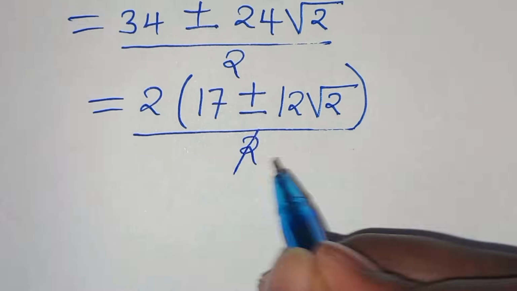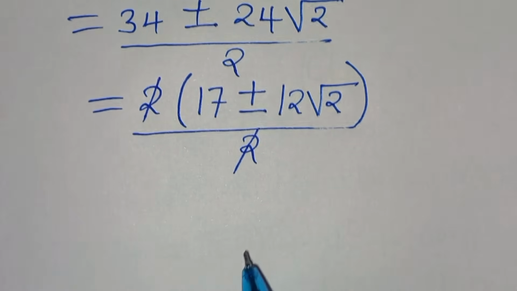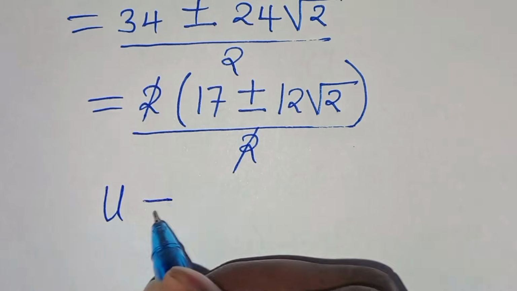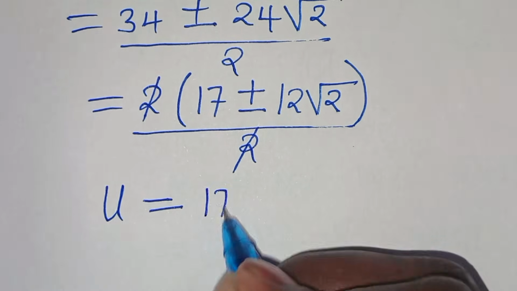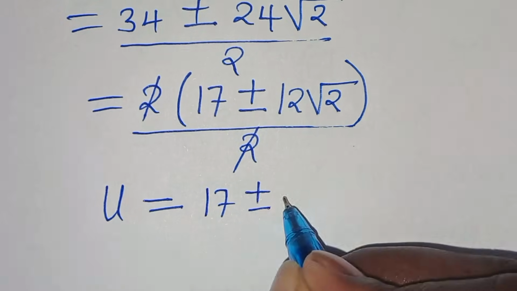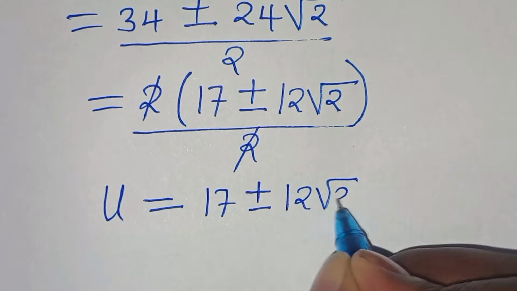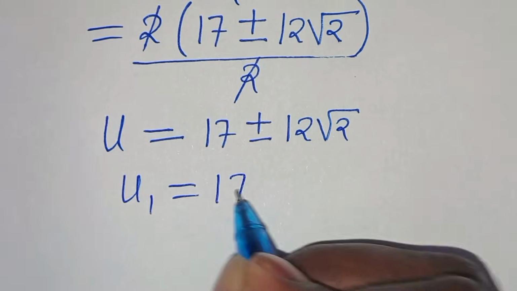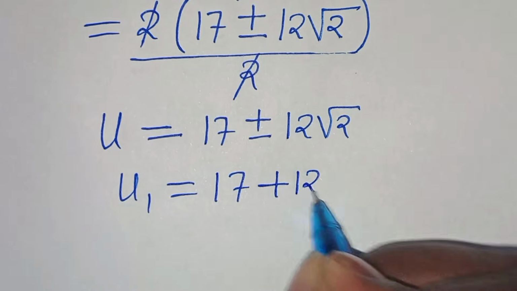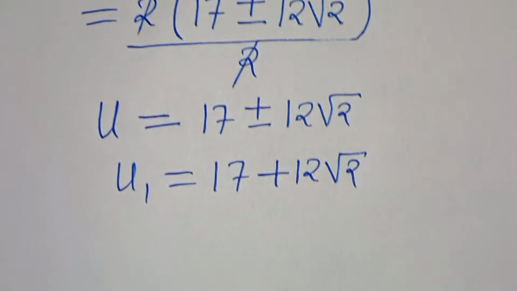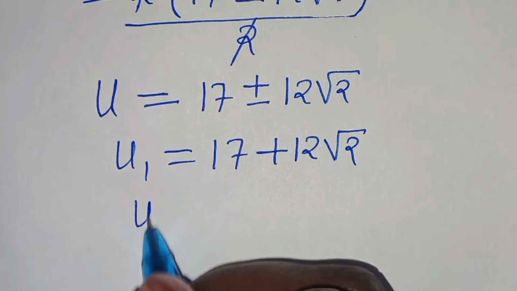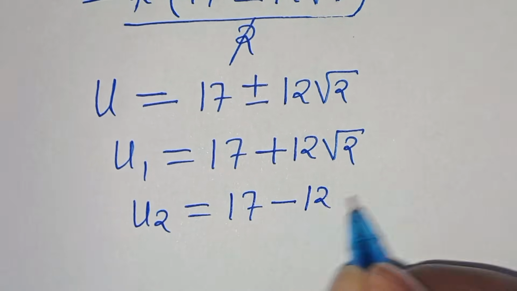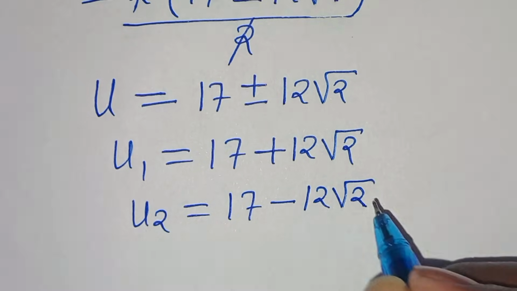So we have 2 and 2 simplifies, so that now we have u is equal to 17 plus or minus 12 square root of 2. So we have u1 is equal to 17 plus 12 square root of 2, and we have u2 is equal to 17 minus 12 square root of 2.